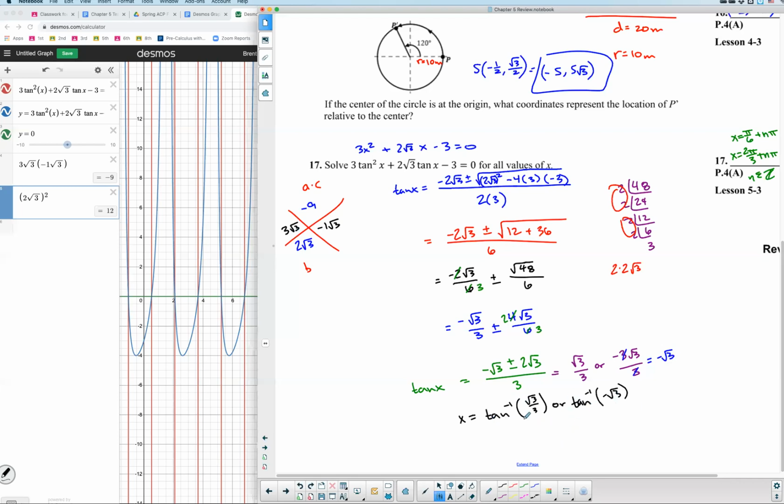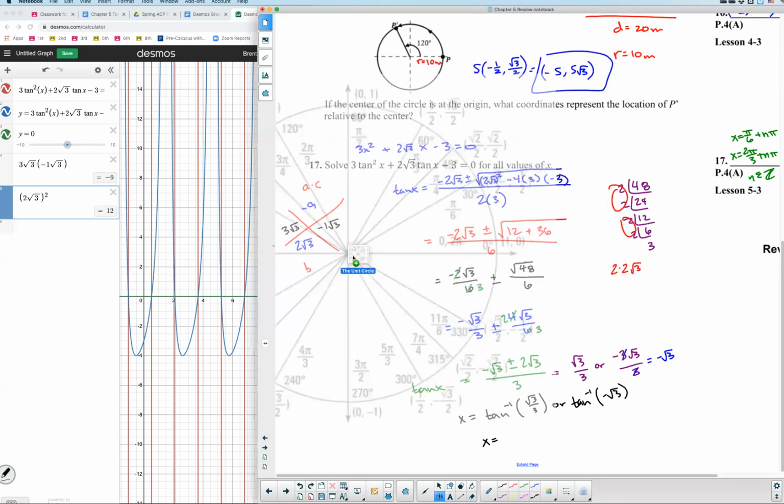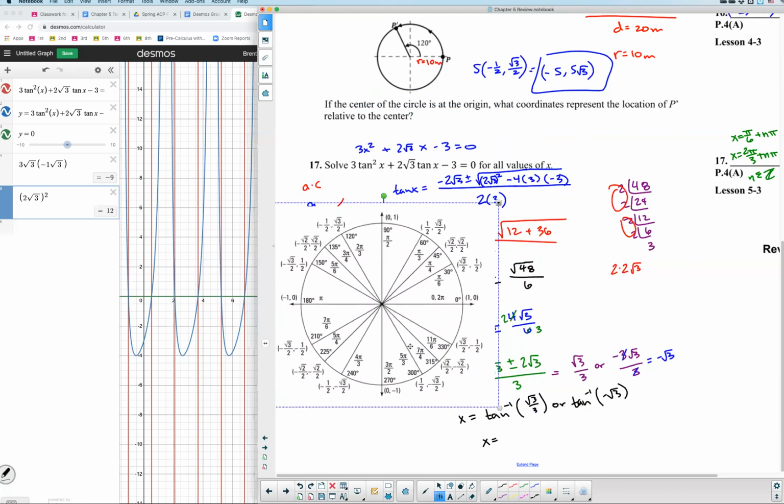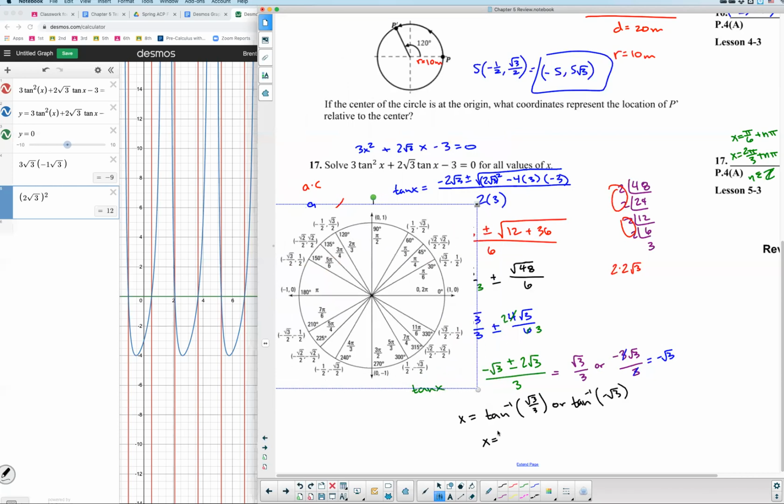I'd be looking for those on the unit circle, which I can just tell you now for sake of time. This is when, if you unrationalize the denominator, y is 1, x is square root 3. Do I have a unit circle up right here? I don't. Y is 1, x is square root 3.